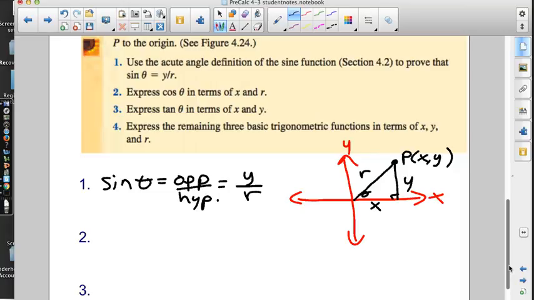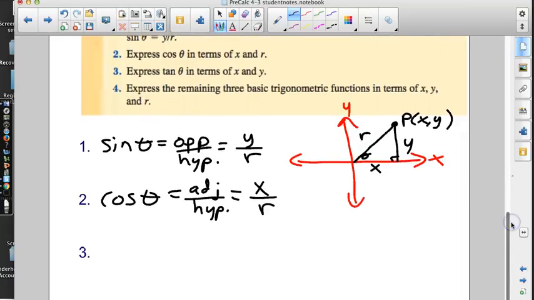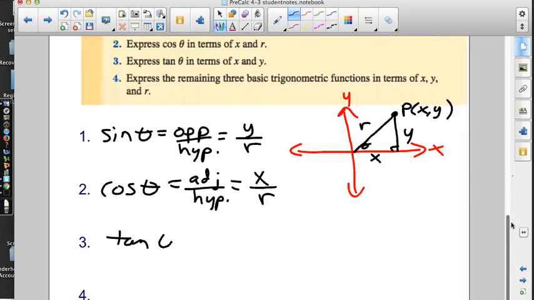And then it says we want to express cosine theta. We do that the same way: cosine is adjacent over hypotenuse, so adjacent over hypotenuse would be x over r. Tangent, well, that's opposite over adjacent, so that's going to be y over x.